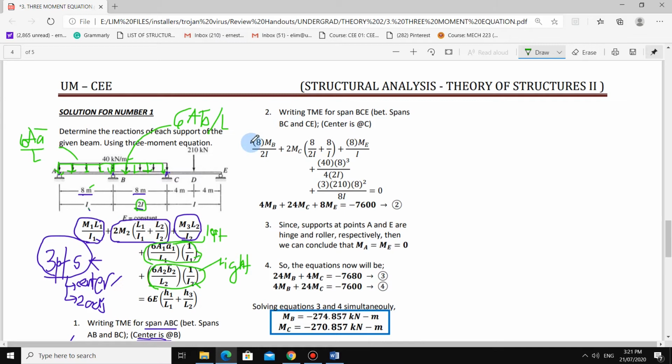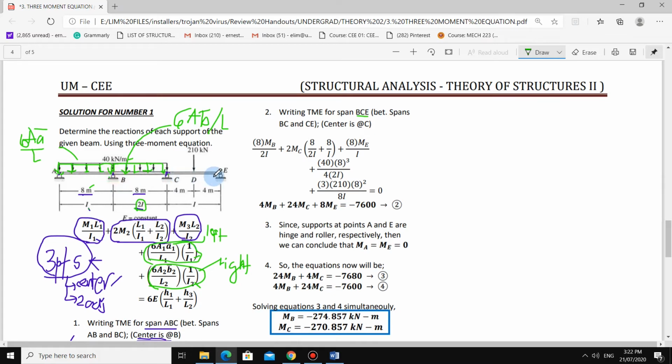Next, what we have considered so far are only A, B and C. We still lack E. That is why in our second procedure, we will write the three-moment equation for span BCE. My advice is to start from the left side, like ABC, and then proceed to the right side, BCE.